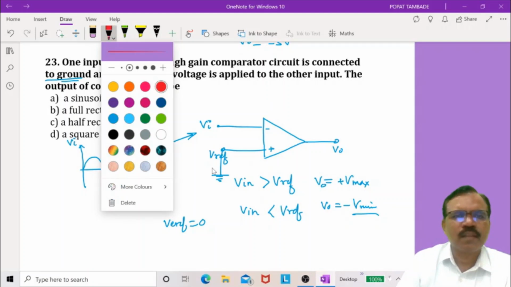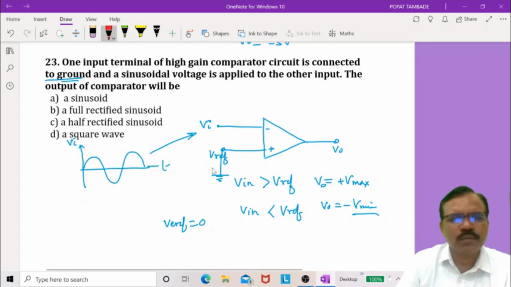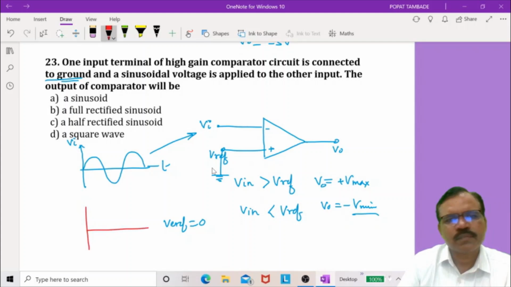If we take the output, for this part Vi is greater than V reference, so we will have maximum output.